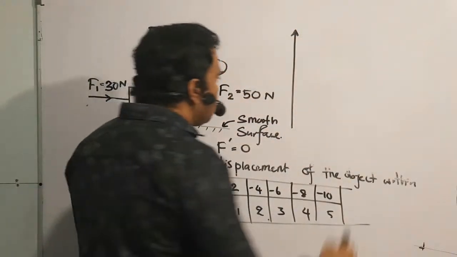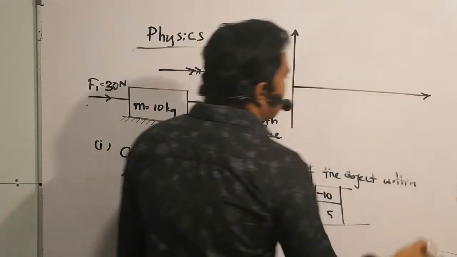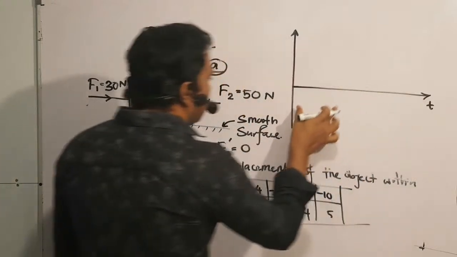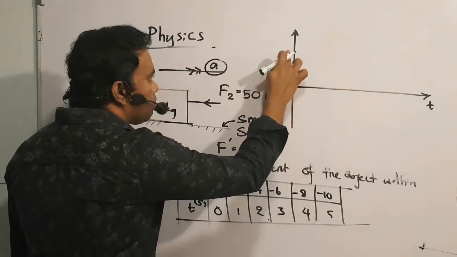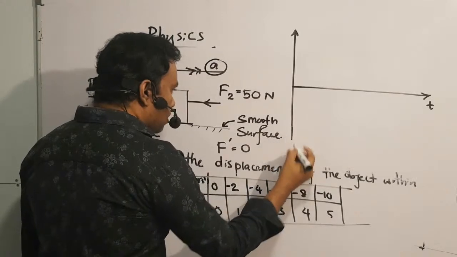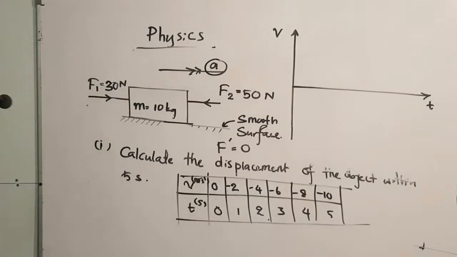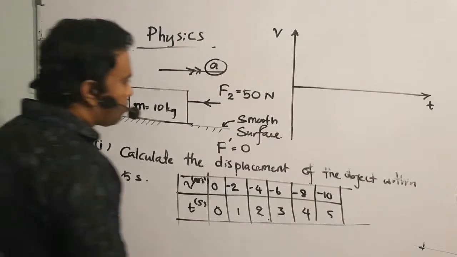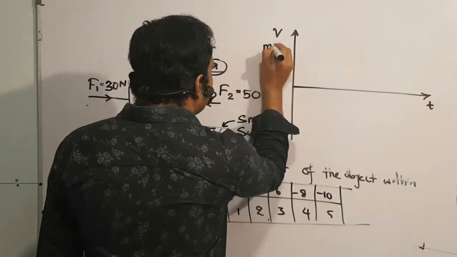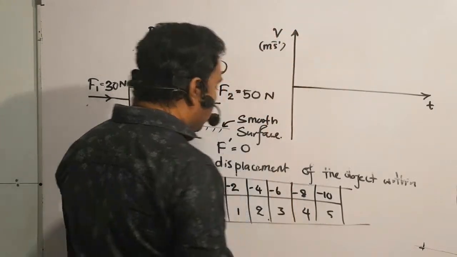Time axis. Why did I use this plus and minus? Because if you draw a velocity time graph, it has minus values, because velocity is also a vector quantity.